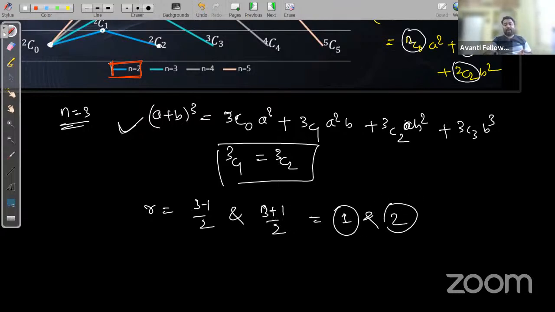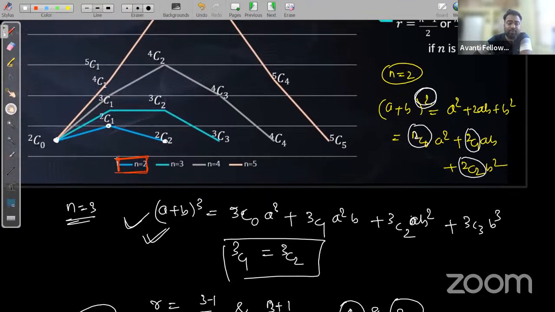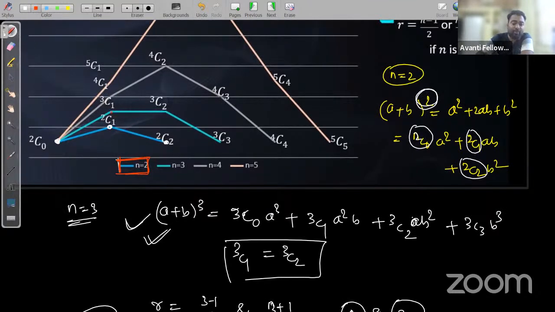So the maximum value of the binomial coefficients in the expansion of a plus b to the power 3 will be 3C1 and 3C2. You can observe from the graph also that 3C1 and 3C2 give the maximum value in the expansion a plus b to the power 3.